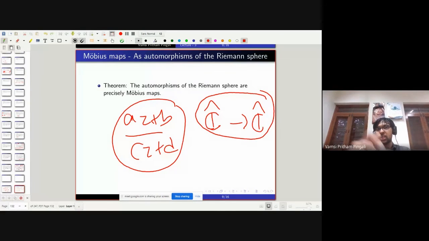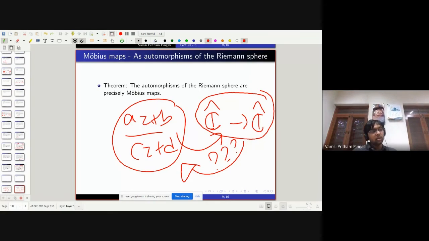It's easy to prove that these are automorphisms, but that all automorphisms are these? That's not easy. How do you know that every automorphism looks like this? That requires a lot of work, and that is why it's a theorem.